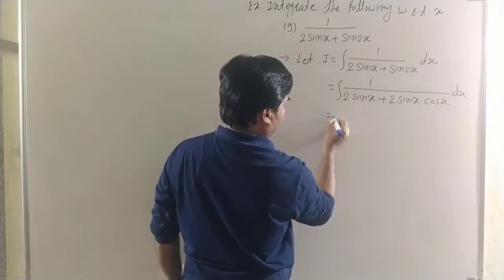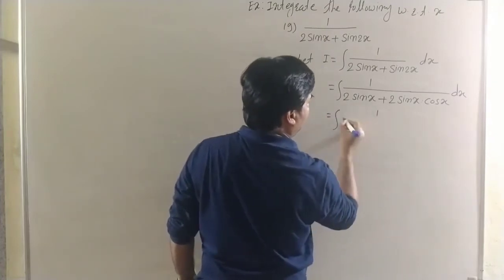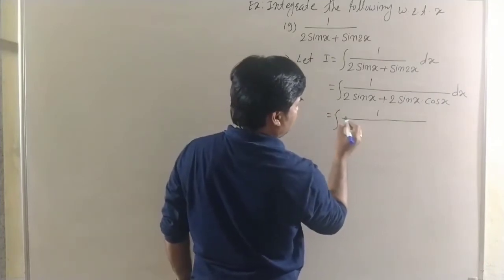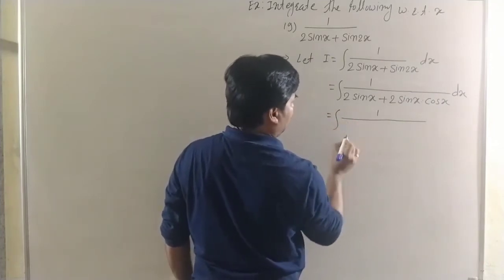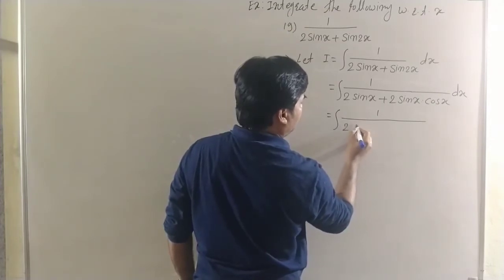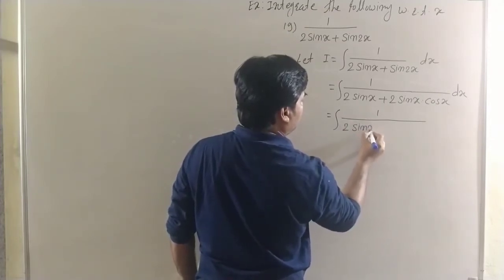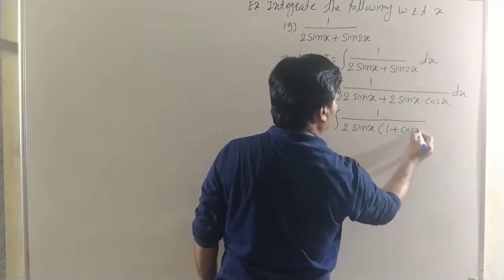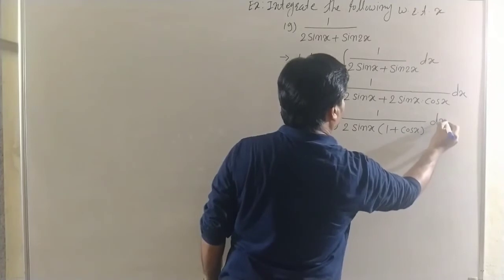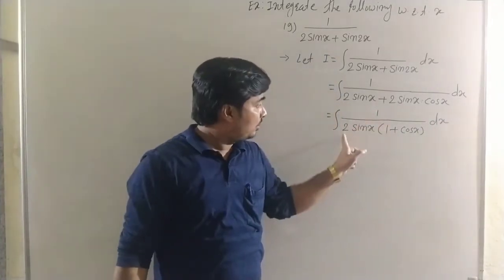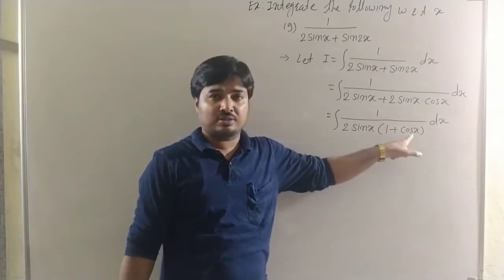Now integral of 1 upon, here we take common 2 sin x, then here it is 1 plus cos x. Now here it is 1 upon 2 sin x into 1 plus cos x.